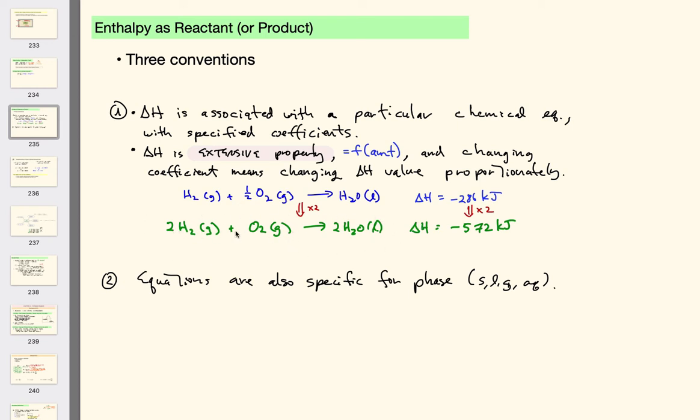So if I start out with this and tell you the mole reaction is this, if I then change this amount, you have to change this amount, right? So the mole reaction just means the heat for the reaction that's stated, with the moles for the reaction stated corresponding to that.